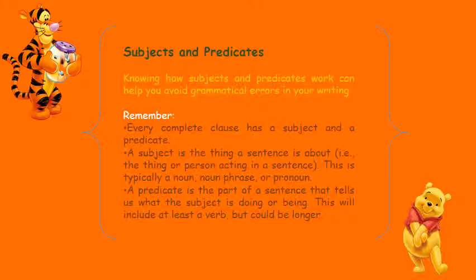When we have to consider it a complete sentence, it must have a subject and a predicate. A subject is the thing a sentence is about, that is, the thing or person acting in a sentence. This is typically a noun, a phrase, or a pronoun. A predicate is the part of a sentence that tells us what the subject is doing or being. This will include at least a verb, but could be longer.